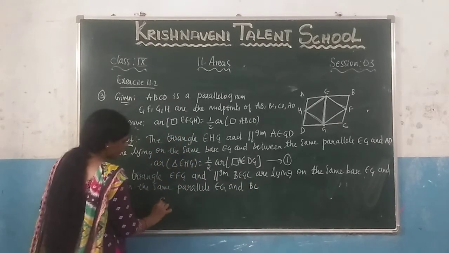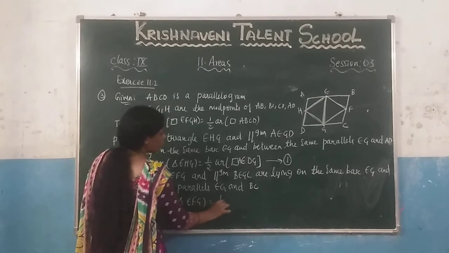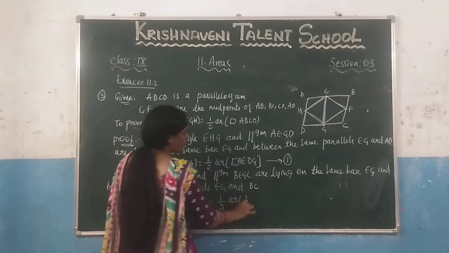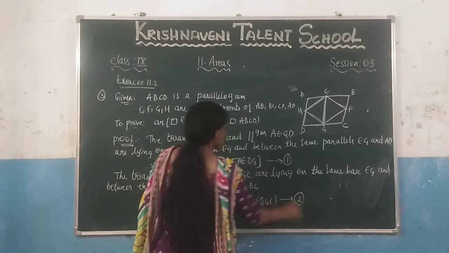So we can write here, the area of the triangle EFG is equal to half times the area of the parallelogram EBCG. Let us consider this as equation 2.